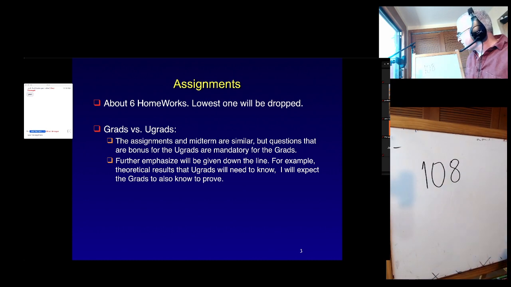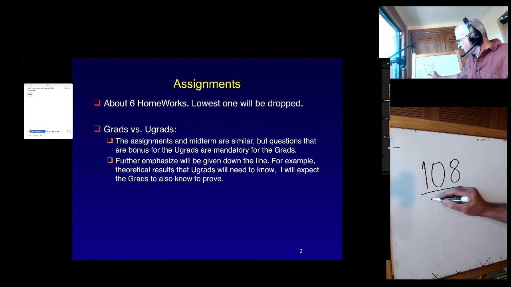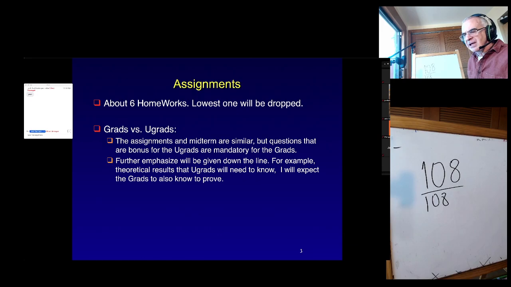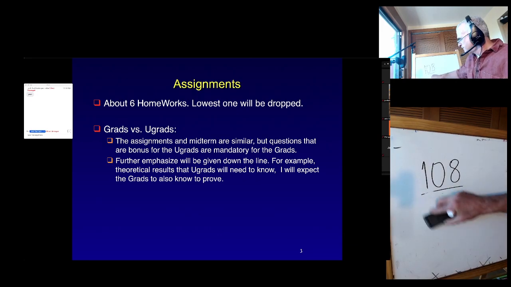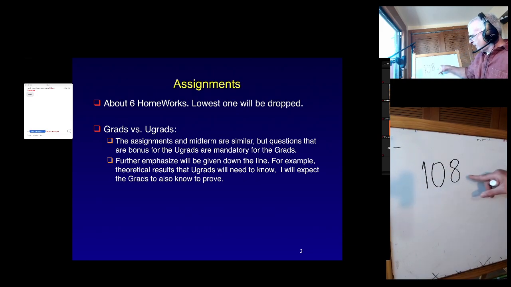If you see the grade 108, you shouldn't think about it as 108 divided by 108. It is not being normalized, nor should it be considered as 108 for the final course calculation when we are computing the average.